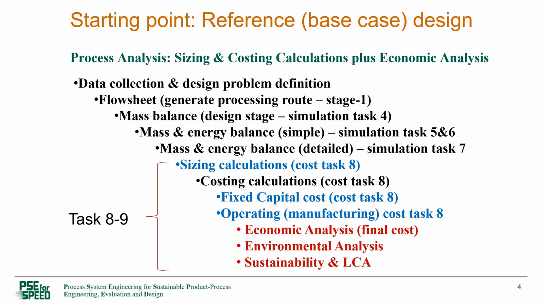Now, once we have done the simulation, task 8 comes in with respect to the costing, sizing, then the economic analysis, then the sustainability analysis, LCA, and then task 9 is just overall representation of the results and target definition. So this is where we are now.